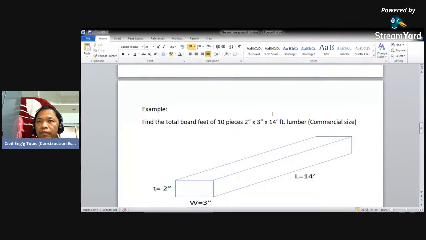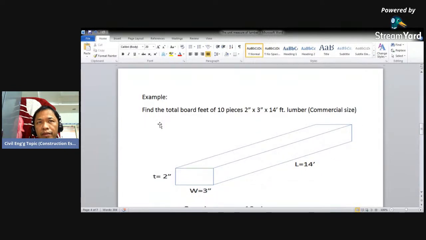Baka magkamali din yung computation. So it's better we also know how to compute. So for example, if you buy 10 pieces of commercial size lumber with the size of 2 inches by 3 inches by 14 feet lumber.